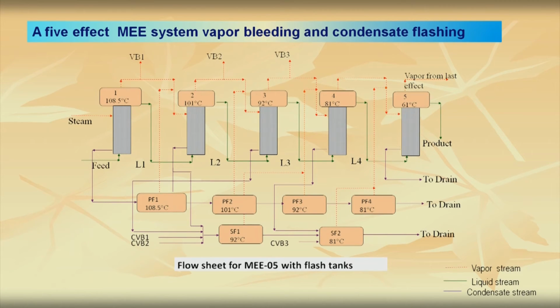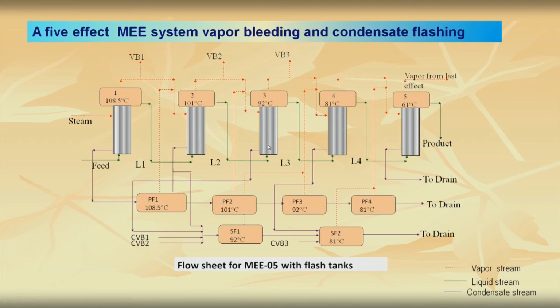Now, let us see two more things in multiple effect evaporator. One is called vapor bleeding and another is called condensate flashing. What does it mean? Now, see, this is a 5 effect evaporator system with vapor bleeding as well as condensate flashing.